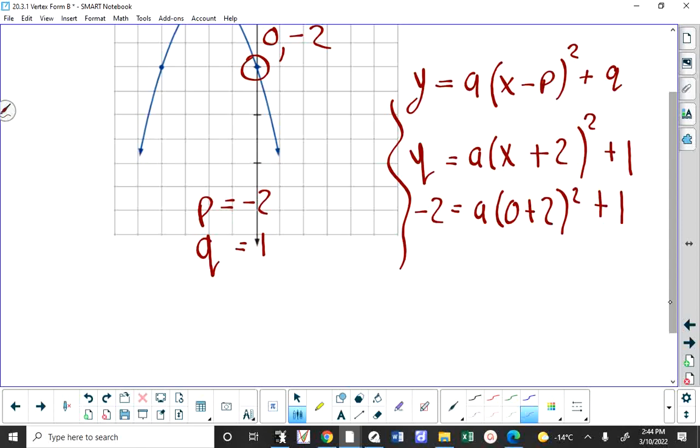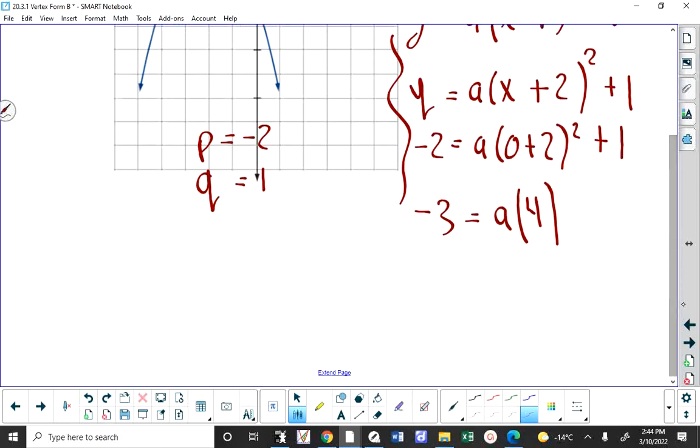You got to subtract the 1 from both sides first to get -3 equals a times, let's do a little bit of mental math here. 0 plus 2 is 2. 2 squared is 4. So a is equal to -3/4. We have to divide both sides by 4. So now we know a.